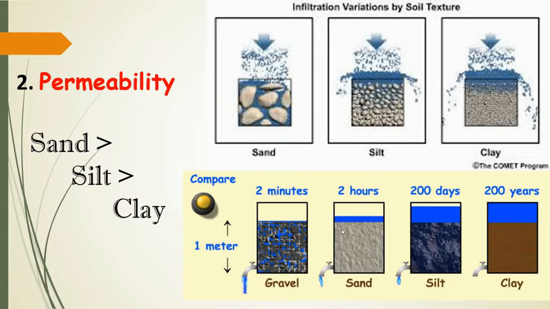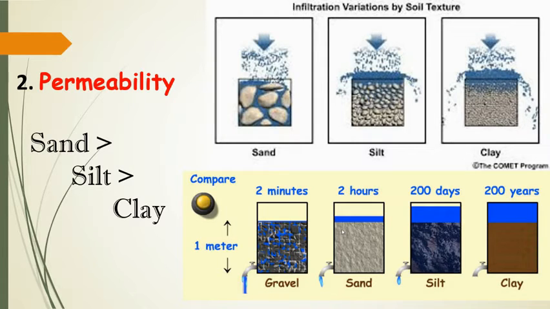The permeability of the soil. This is how much water can move through the soil. Sand is the most permeable, silt is the next most permeable, and clay is the least permeable. In fact, it's really hard for water to get into clay. If you look on this diagram to the right, the infiltration variations show how the water goes through.